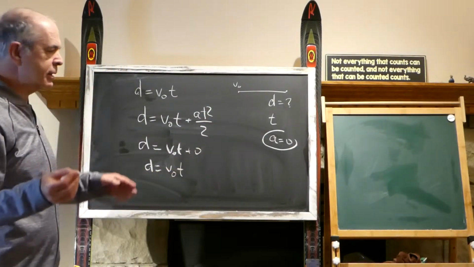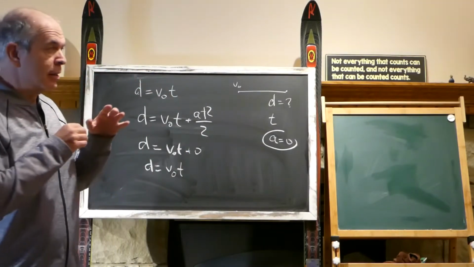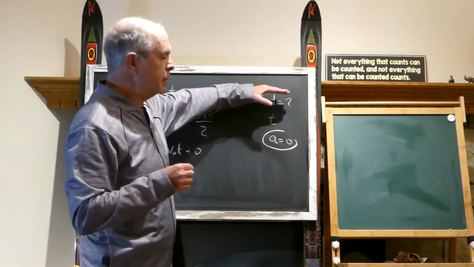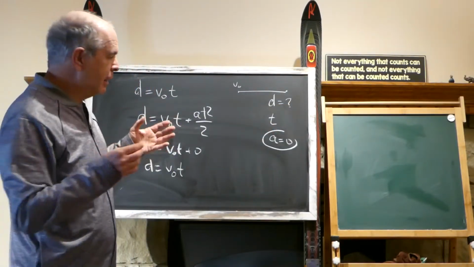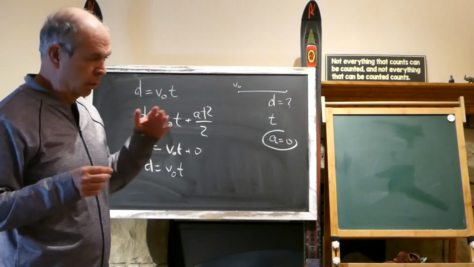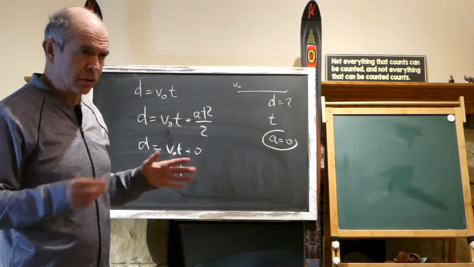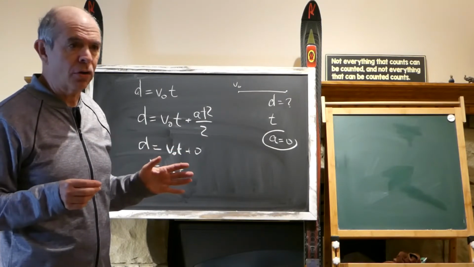So we have the same result, and that's very good, because the movement with a constant speed is a particular case when acceleration is equal to 0. We say we're moving with constant speed, we're also moving with a constant acceleration, and this constant acceleration is 0.